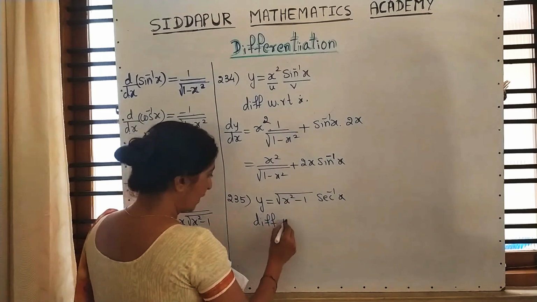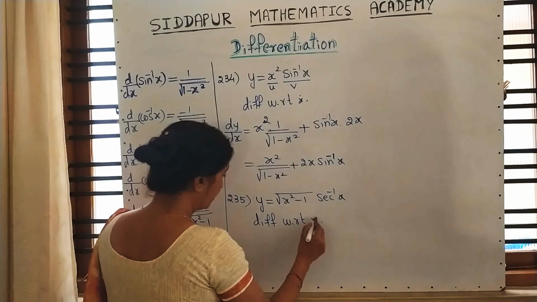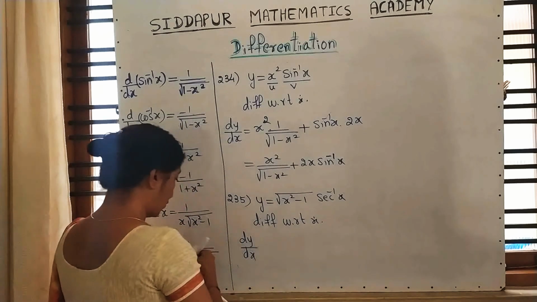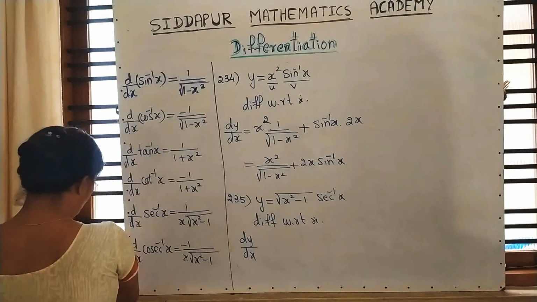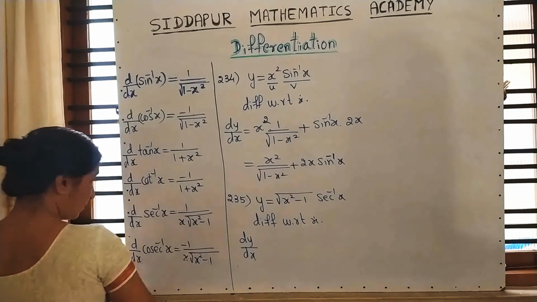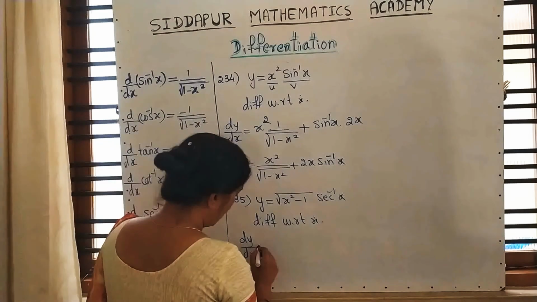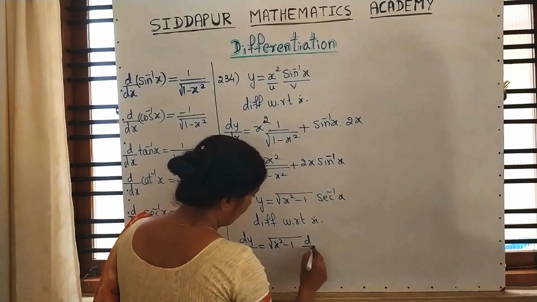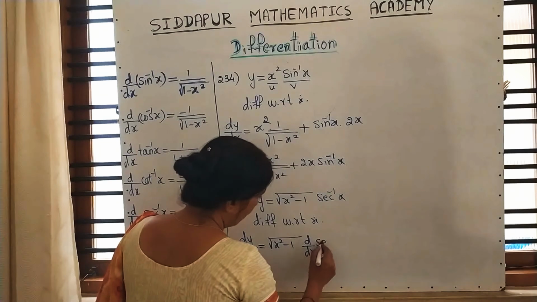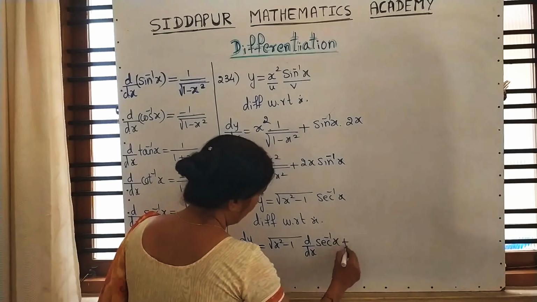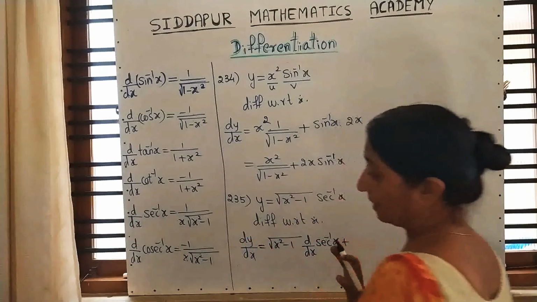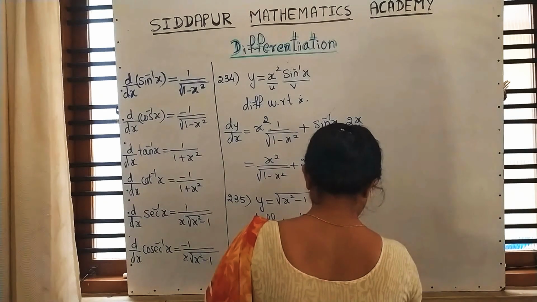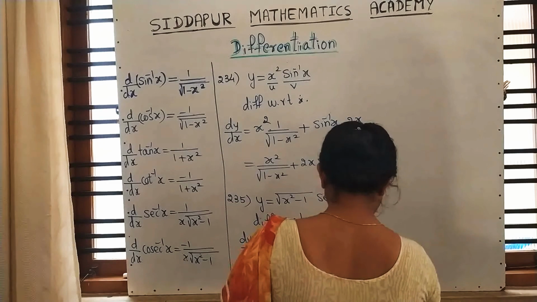Again here we have u into v, dy upon dx is equal to root of x square minus 1 as it is, differentiation of sec inverse x. I kept the formula list as it is for reference, because today only I explained, you are not familiar with this.